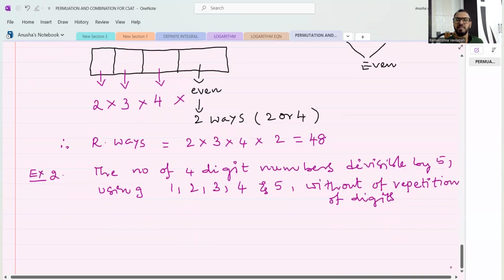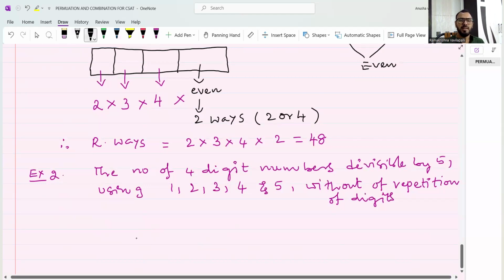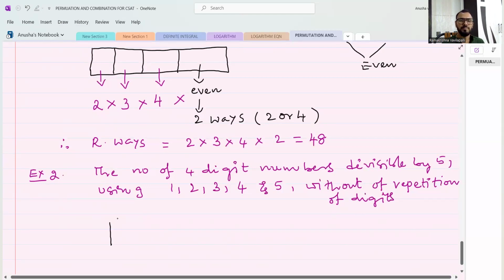The idea is just filling the boxes using the given digits by fulfilling the requirements. A number is divisible by 5 if its units place is either 0 or 5. So now you see, the question is very simple.